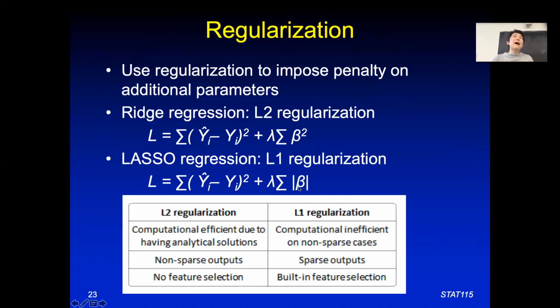And so they're actually penalizing different things. L2 is computationally efficient. Actually, there's a very good analytical solution for this. With ridge regression though, basically every gene, or many genes, will be assigned a weight. If you give it this many genes, it will give pretty much all of the genes a weight.